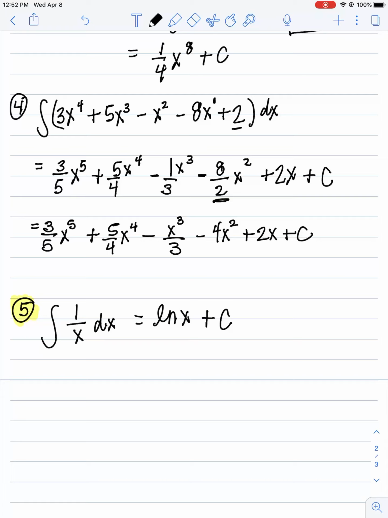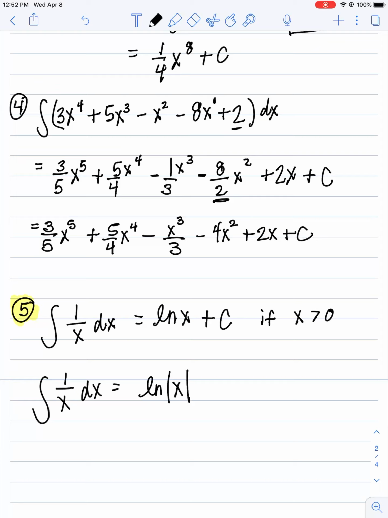Okay? And hopefully, guys, you remember that you cannot take the natural log or the logarithm of a negative number, which means the antiderivative of 1 over x with respect to x equals the natural log of x if they tell you x is greater than 0, because if x is greater than 0, x is positive.